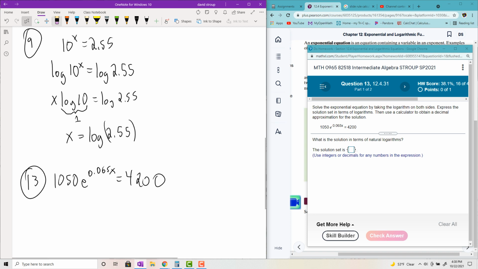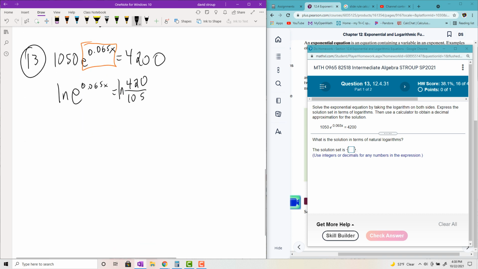Divide both sides. So again, what you're doing is isolating the exponential term first. Right? So I have e to the 0.065x equals 4,200 over 105. You can always cancel zeros, so we'll just say 420 over 105. And then we're going to take ln on both sides because we have base e.